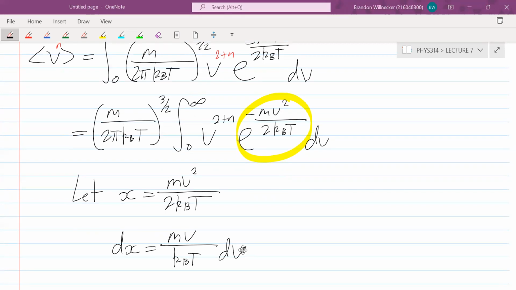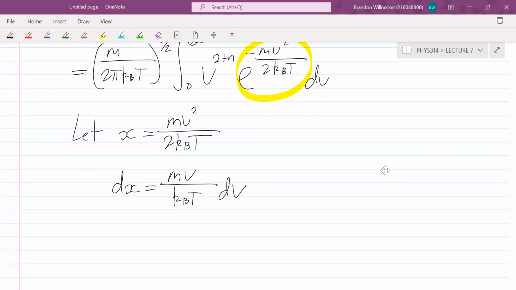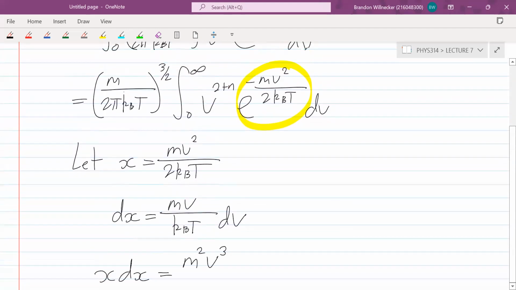Okay, good. Now notice how we need to get v to the 2 plus n. The 2 came from the v squared from the formula. The n came from the fact that we're doing the expectation of v to the n.